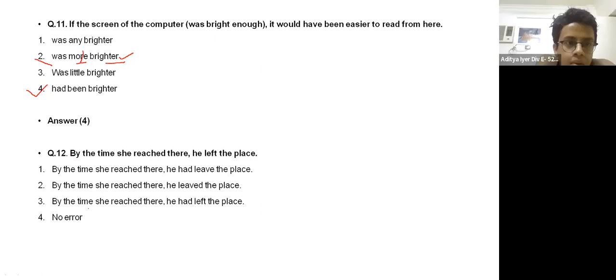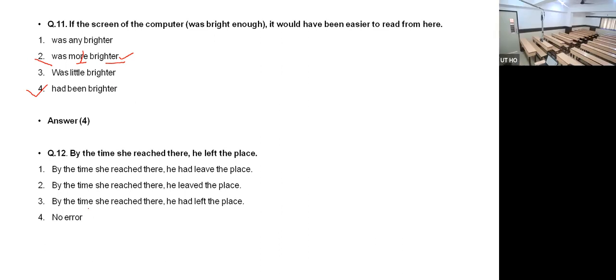Ma'am, even for the "was" form, if we were to use was, then instead of more bright, you can say brighter. So we would rather use the proper form of the word than writing more.